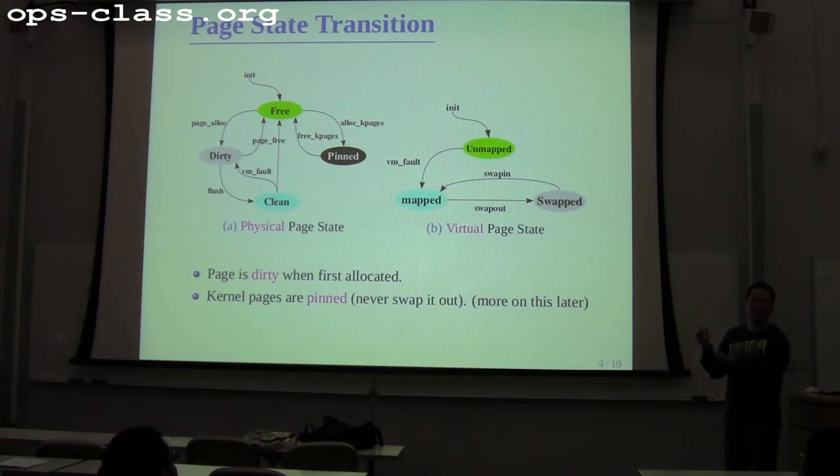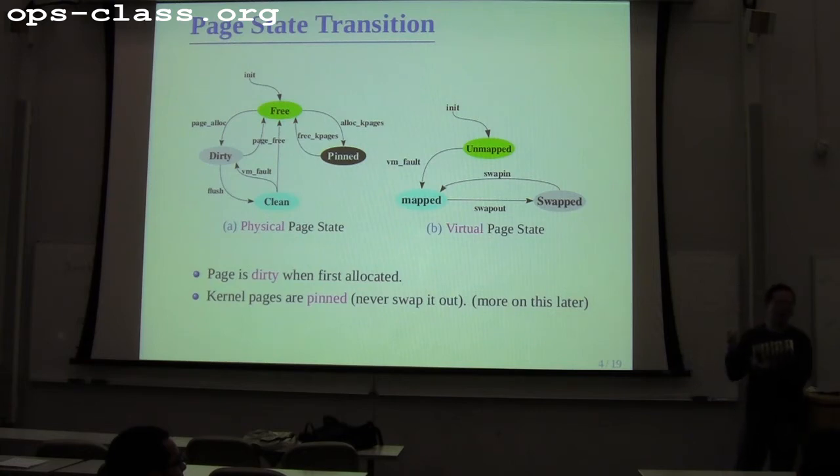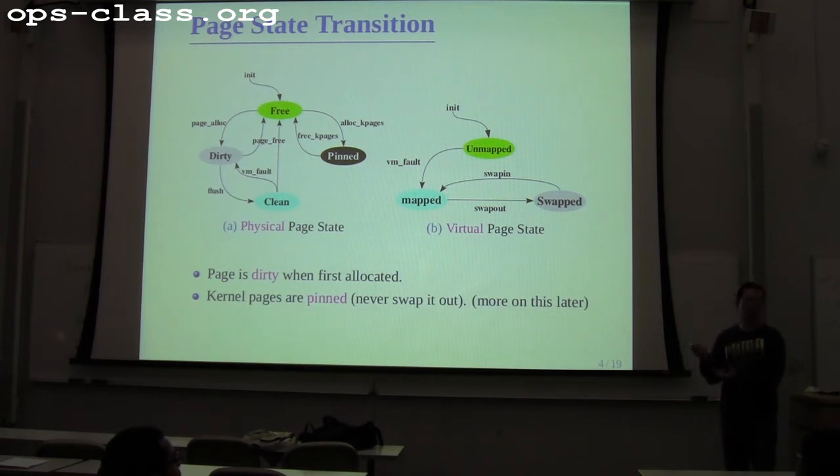It will become free, right? Not necessarily. Why do you want to kick out that page? Because you want to use it, right? Something else will replace it. You want to use that physical page for some other purpose, either for a kernel page or for another user page.